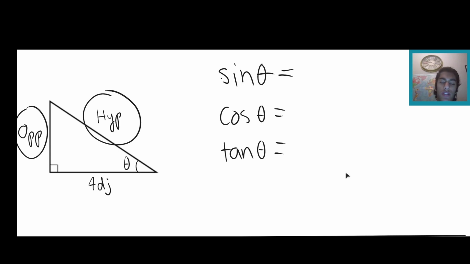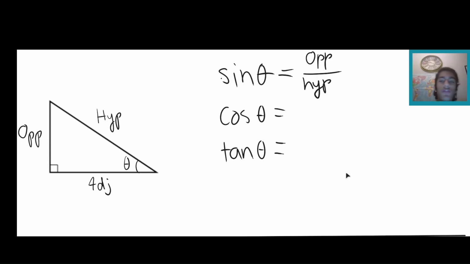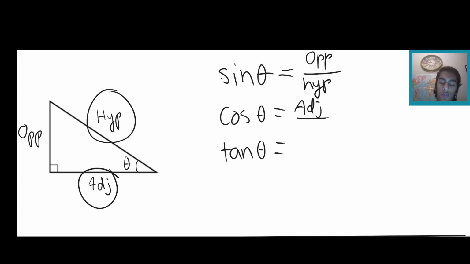So basically it's going to be opposite, whatever that value is, divided by the hypotenuse. Cosine, on the other hand, is still going to involve the hypotenuse, but this time we're going to do adjacent and the hypotenuse. So this one here will be adjacent over hypotenuse.